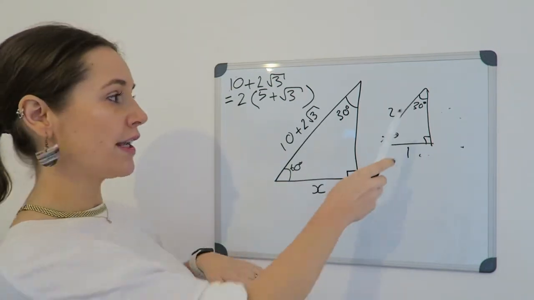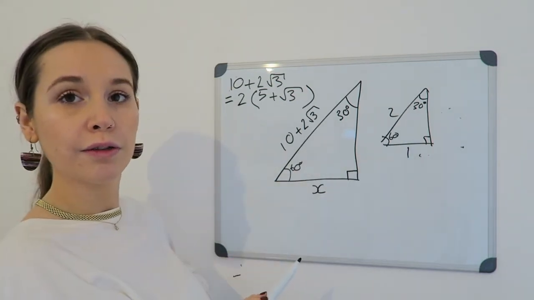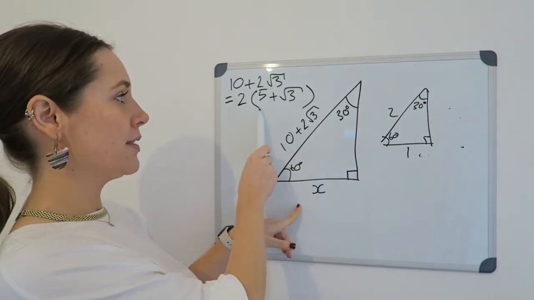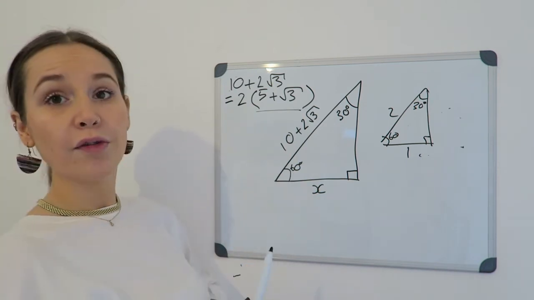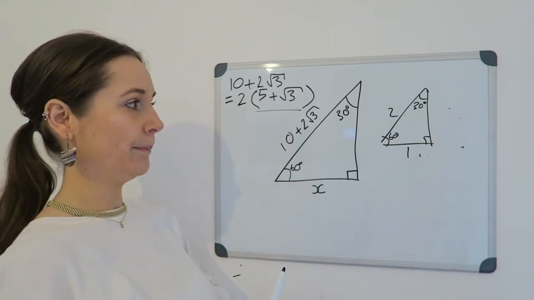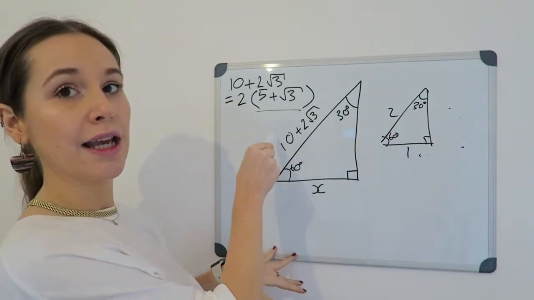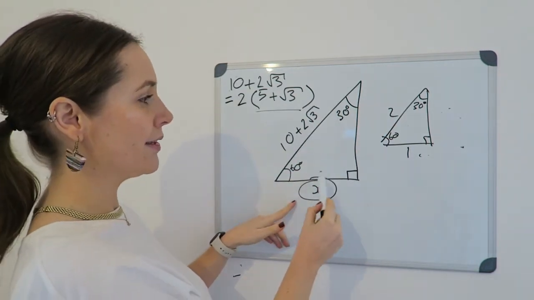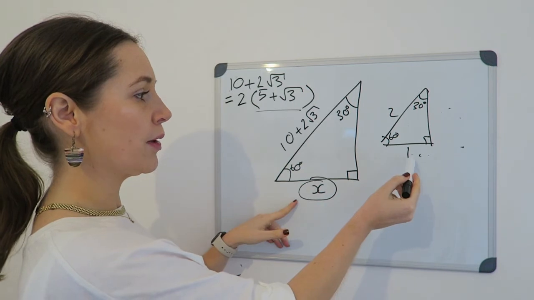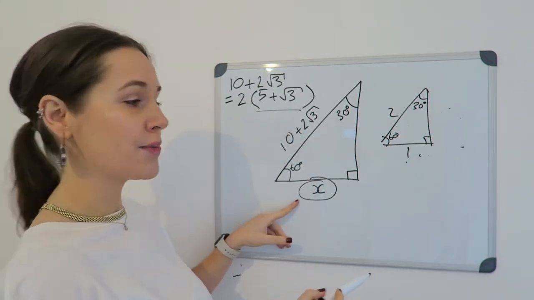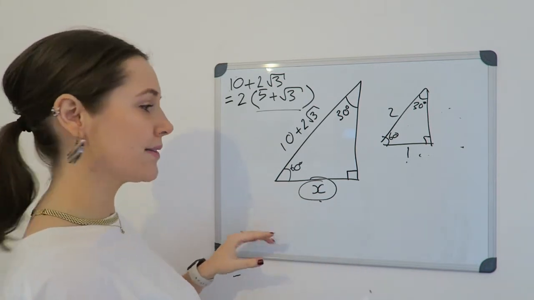So what we've done to get from this triangle, which we've learnt about and know about now, to this triangle is an enlargement of 5 plus the square root of 3. That's what's happened to all the side lengths in this triangle to get to here. So to work out x, we need to multiply the 1 here also by this scale factor of enlargement, and that's going to give us x.